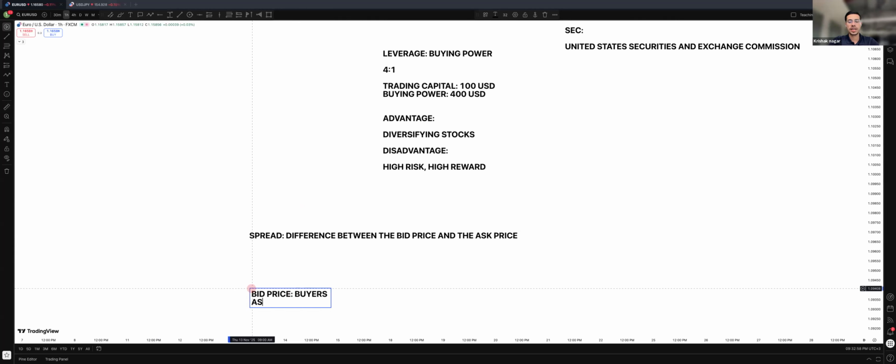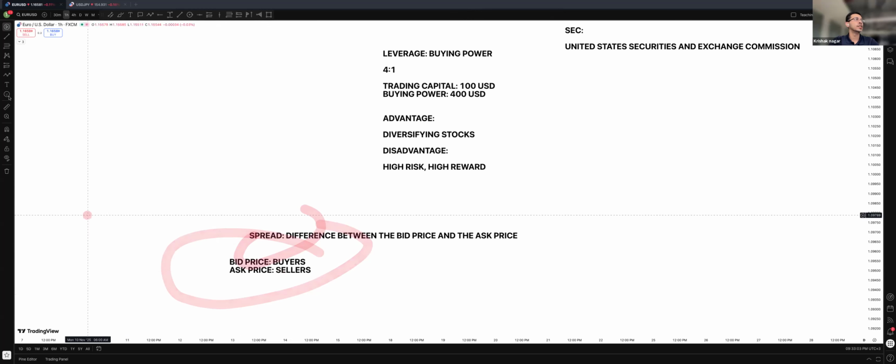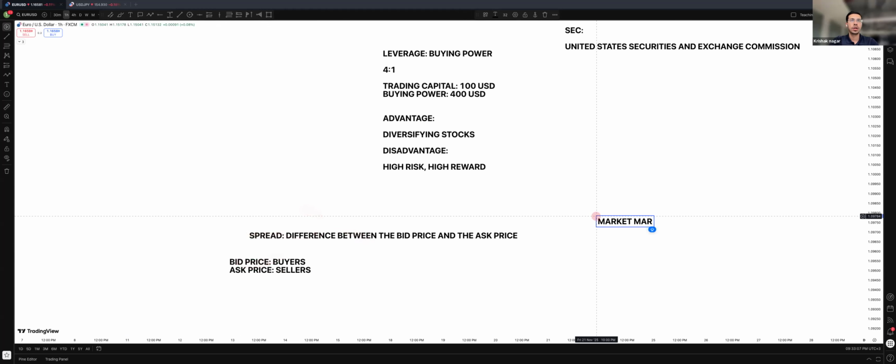Bid price is for the buyers, ask price is for the sellers. Who creates the spread? The spread is created by market makers, or MMs, also called liquidity providers, or LPs, who provide liquidity into the markets.